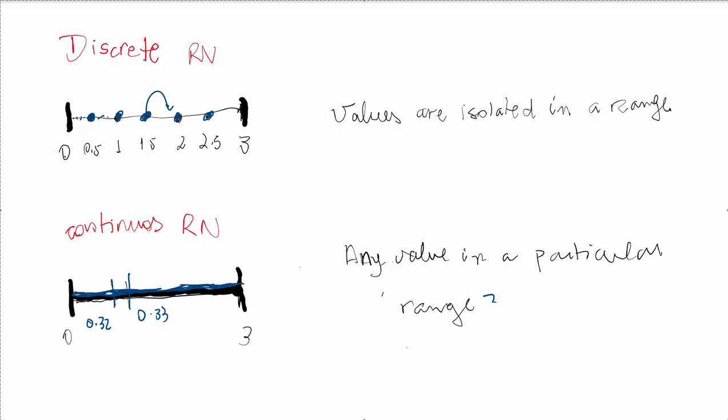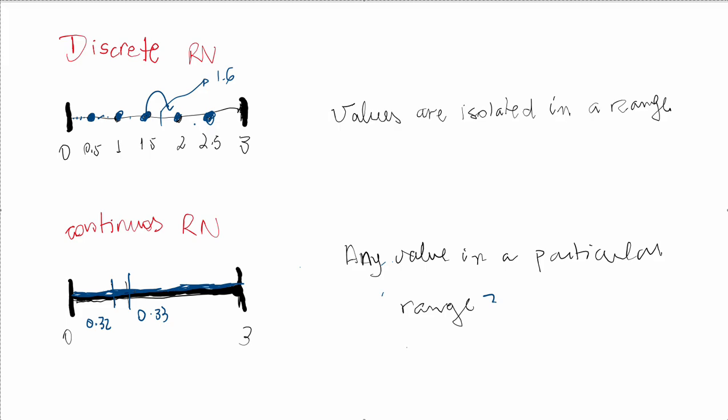Let's say that I'm getting a range from 0 to 3. My variable can only be 0.5, 1, 1.5, 2, 2.5. So only following these bullets here. My variable cannot assume anything out of the bullets. So my variable cannot be 1.6, for example.